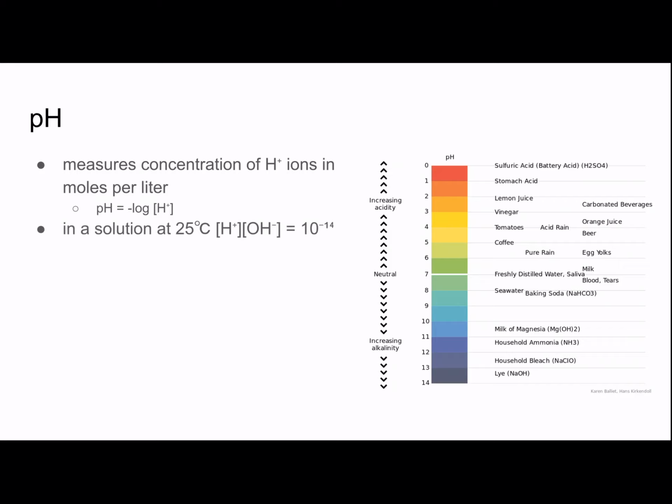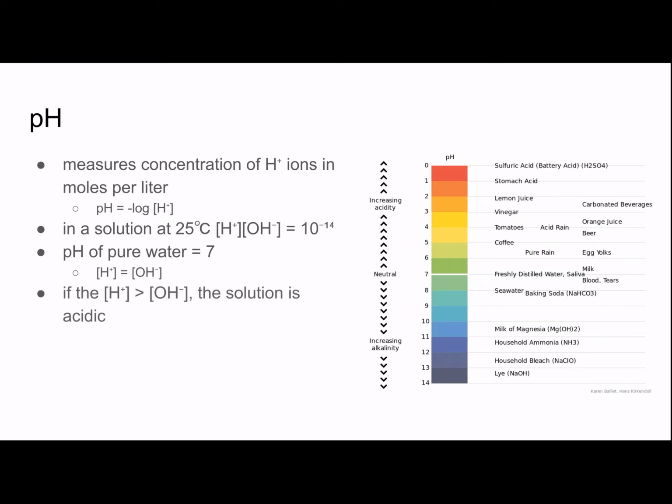So in a solution at 25 degrees Celsius, the concentration of hydrogen ions times the concentration of hydroxide ions is equal to 10 to the negative 14th. And the pH of pure water is 7, which means that the concentration of hydrogen ions is equal to that of hydroxide ions.